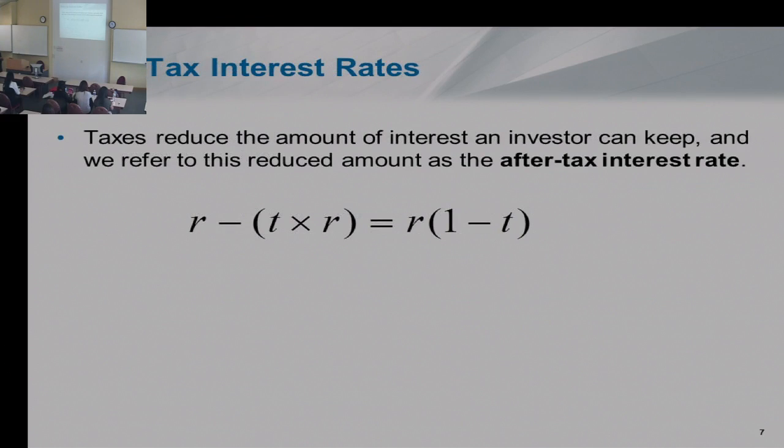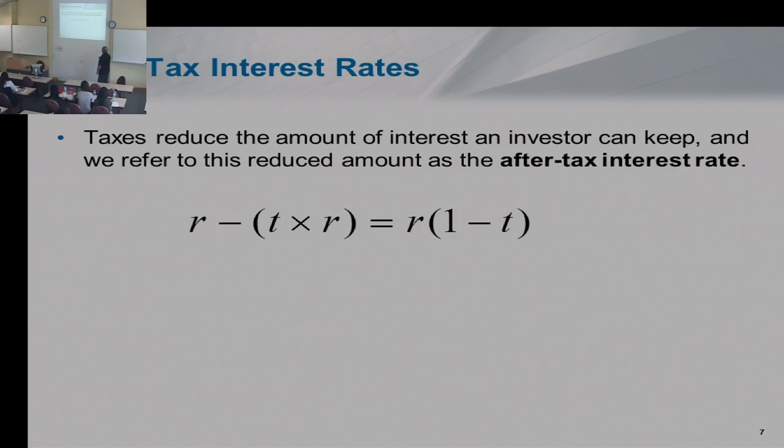Another point to make is that taxes impact on interest. In Australia, the interest you earn is taxable, and the interest you pay as a business is tax deductible. So we talk about before and after tax costs of interest.